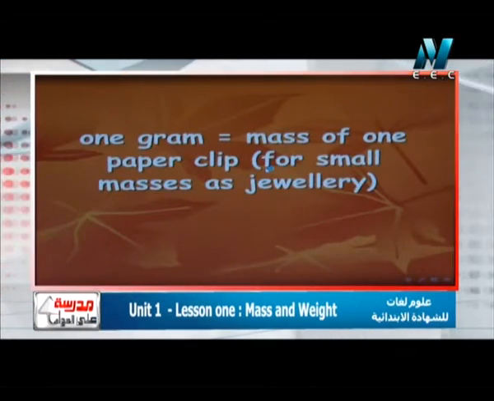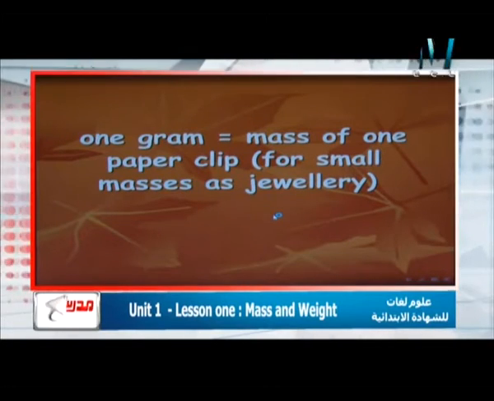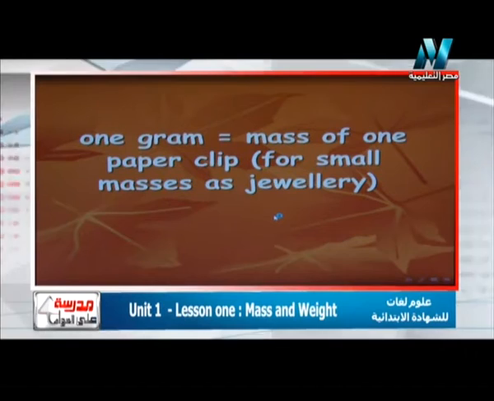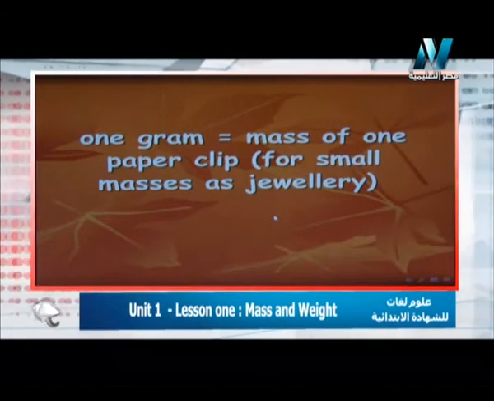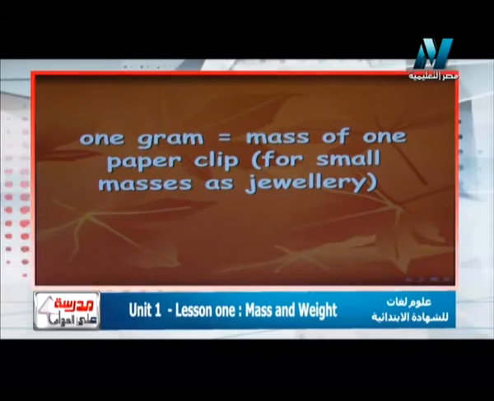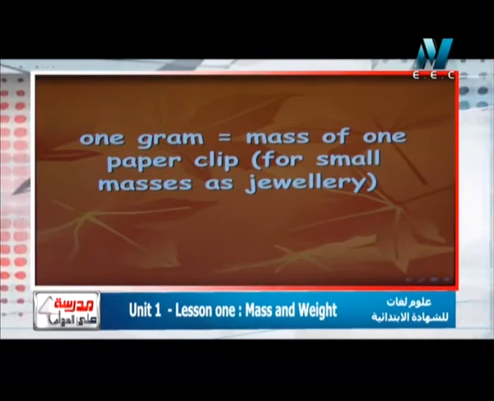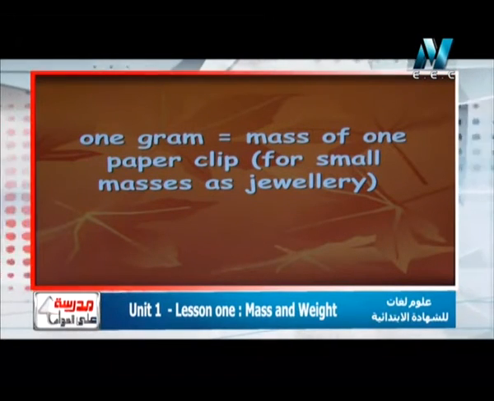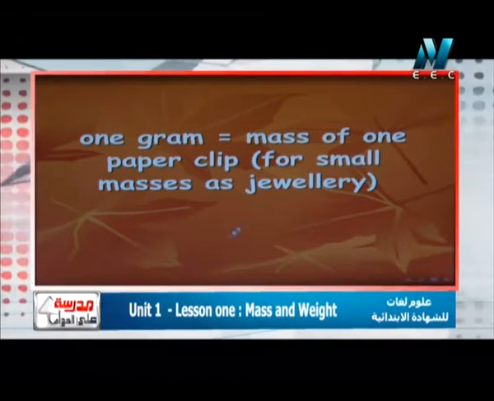Another nota bene, a very important note. What's the difference between gram, kilogram, and ton? To have a sense of the gram, kilogram, and ton, I must know that 1 gram equals the mass of 1 paper clip, roughly the mass of a paper clip or a stapler pin.